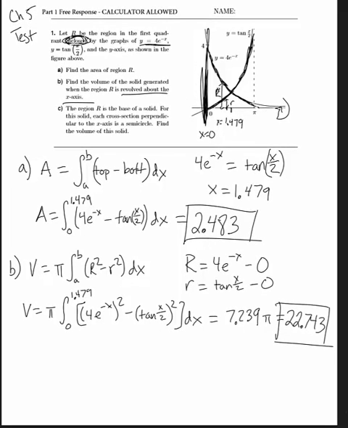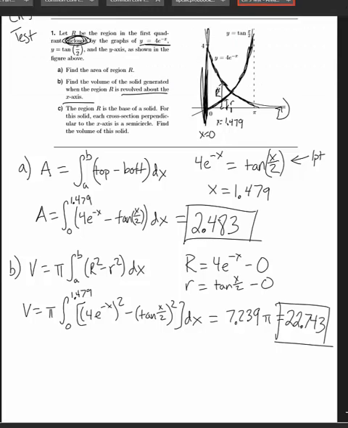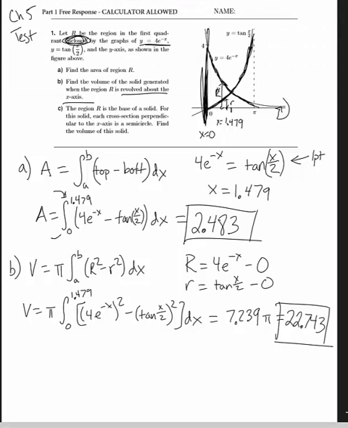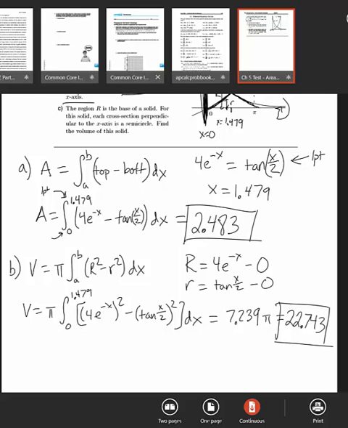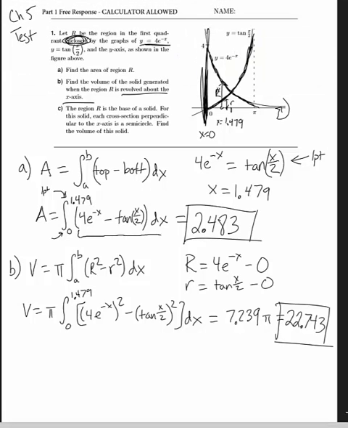Just in terms of points, by the way, I gave you 1 point for setting that equal to each other, 1 point for these endpoints here, 1 point for having the integrand correct, which is what you're integrating, and then 1 point for that final answer.